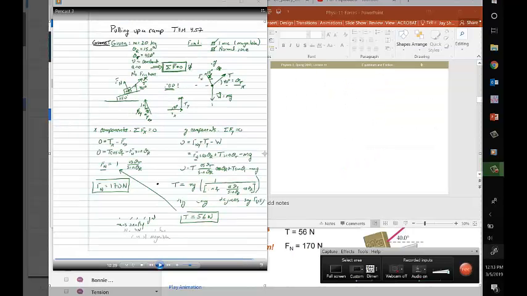Let me just clarify what this equation is supposed to look like. Okay, I'm going to do it with a slightly smaller font.